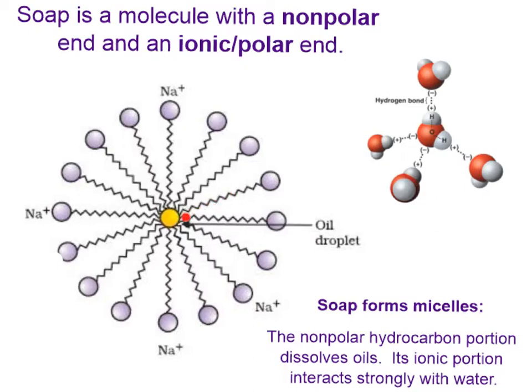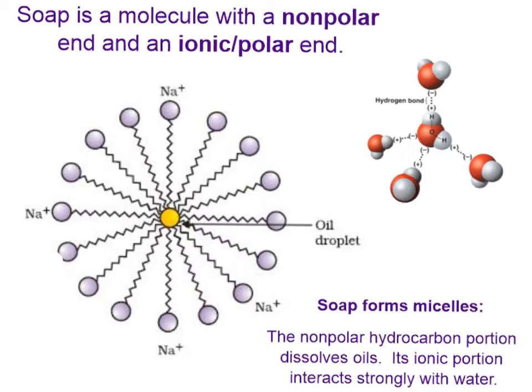And the tails will form in toward maybe an oil droplet. So if you've got some greasy dishes, soap works really well because the little oil droplets will be surrounded by these nonpolar tails on the soap molecules, and the heads will be out dissolving in the water. And that is how soap works.